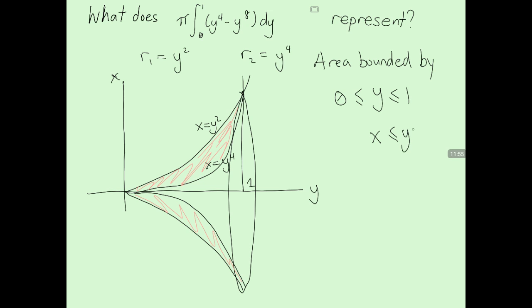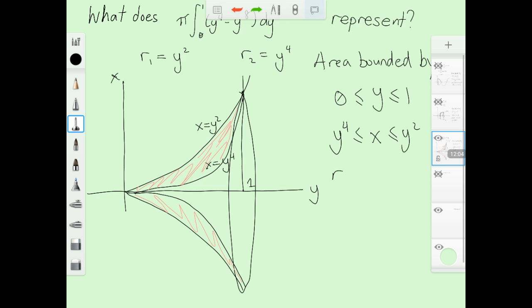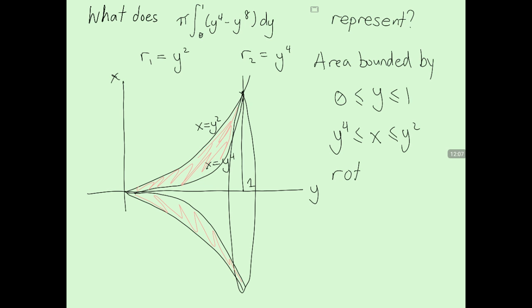So x is less than y squared, which is less than y to the 4th, and rotate that around the y-axis. Okay, so this is basically the previous two examples, just one volume subtracted by another.